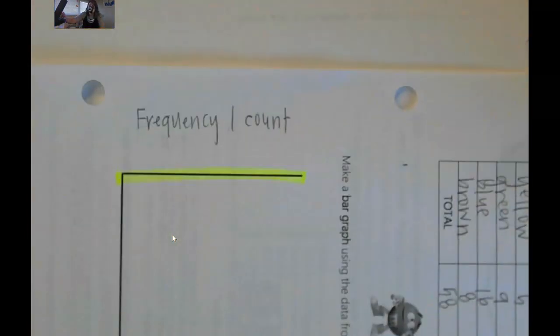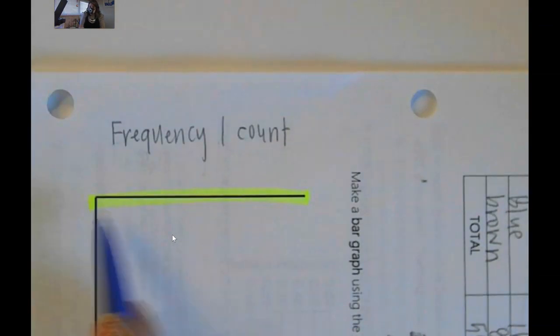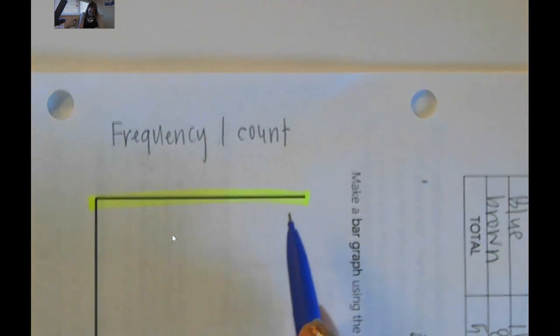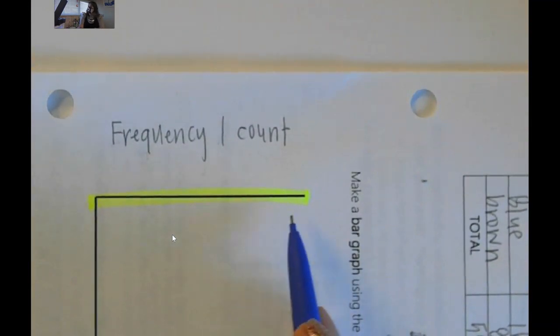Then when you are deciding how you want to space out your tick marks on the y-axis, you need to go inside the table and look for the largest count. So I'm going to make a note of that right here.